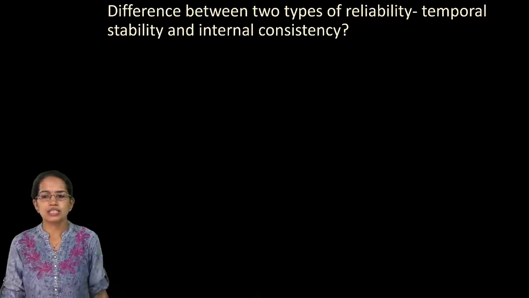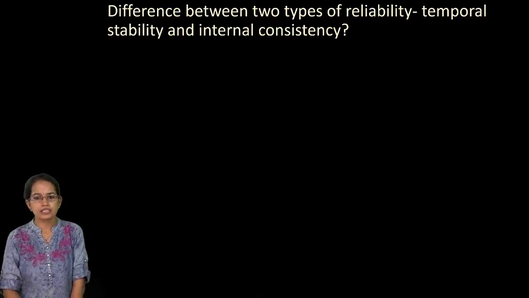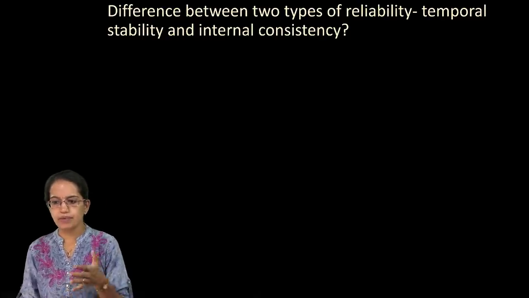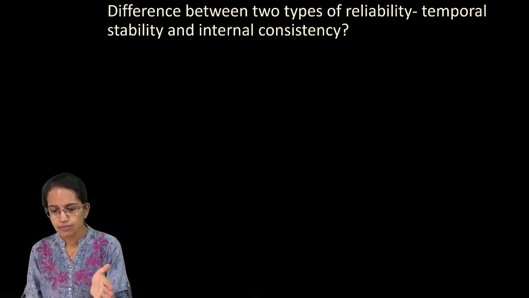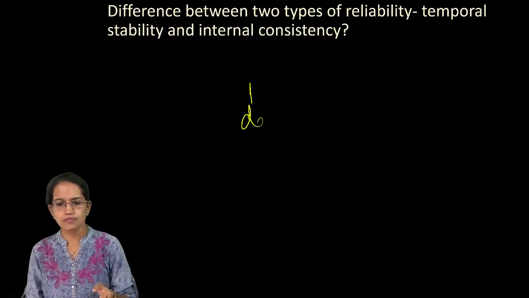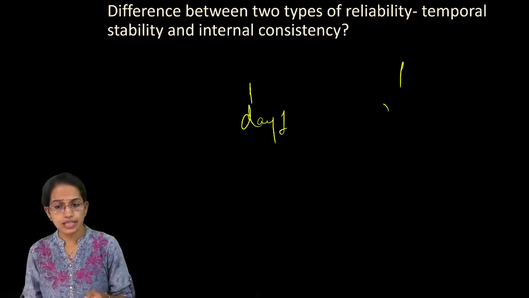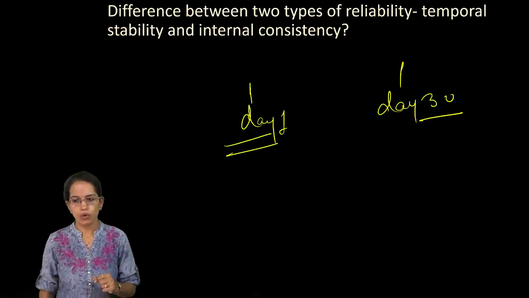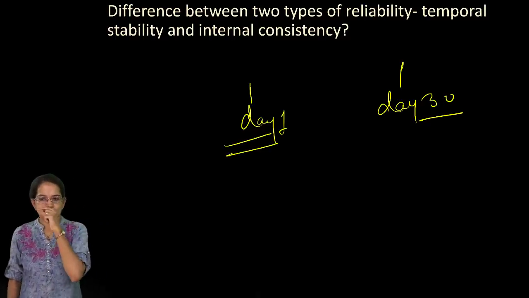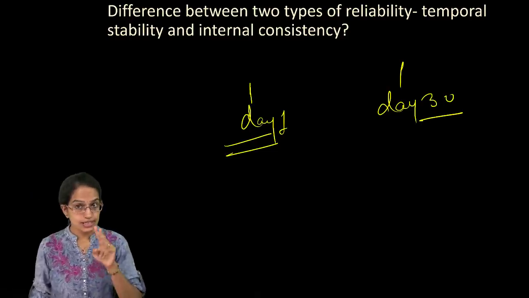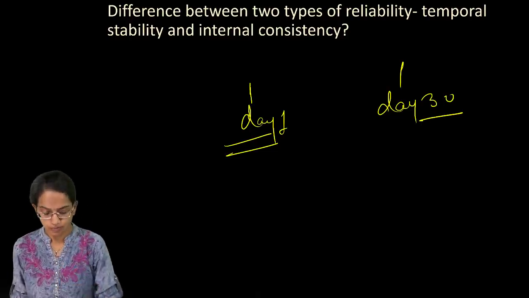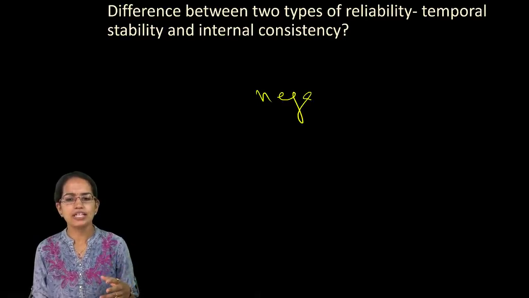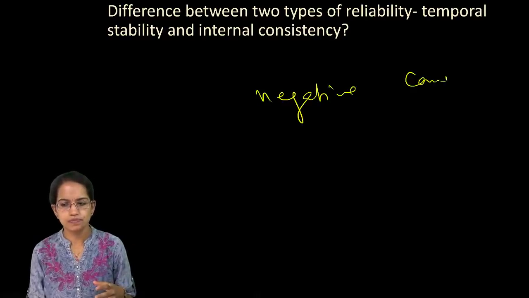The next question is the difference between temporal stability and internal consistency. Temporal stability means I am doing a test today, day 1, and I am doing a test on day 30. My results would be more or less similar. Internal consistency means I make 2 statements. Listen to this very carefully, very confusing. The first thing is I have negative feelings regarding computers.